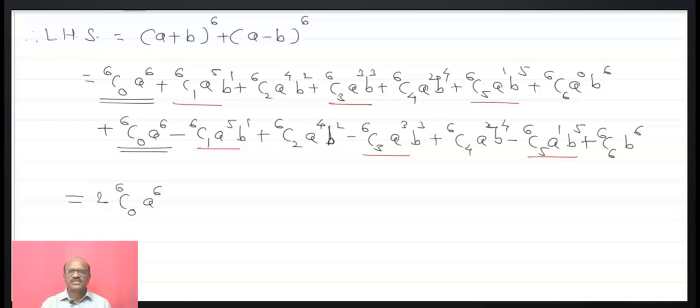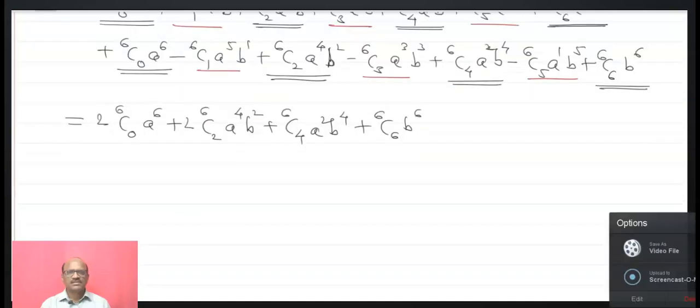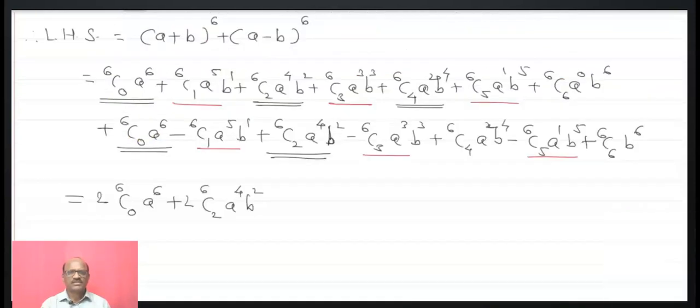That is 2 times 6c0 a raised to 6, 2 times 6c2 a raised to 4 b square, and see this here, that is the 2 times 6c0 a raised to 6. That's what you can see this here. It is short.